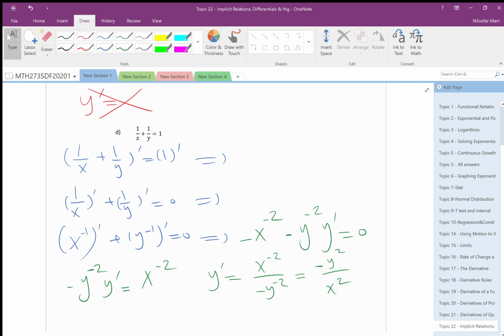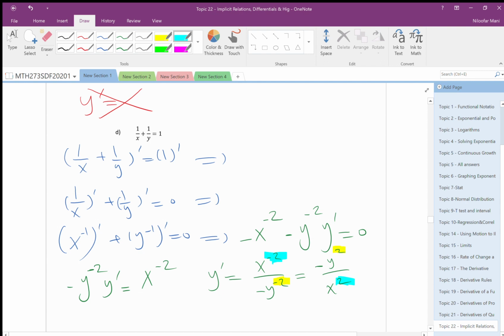Okay, and then you keep this one side and then you move to the other side and then you solve it for y prime. Okay, then so it's negative. And then look at this, I move this up and make it positive, and I move this down and make it positive as well.